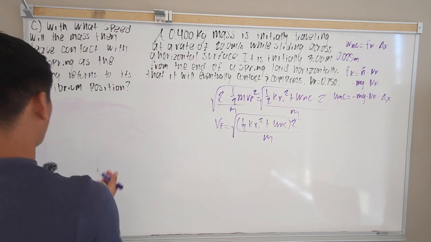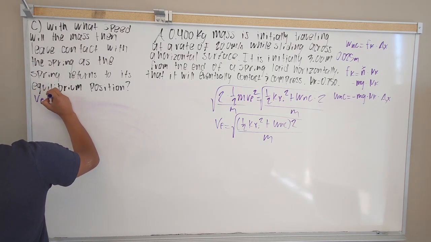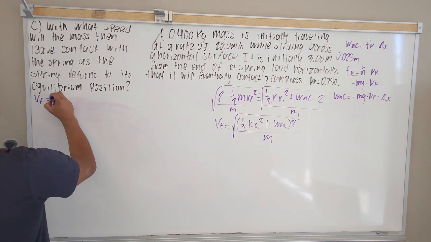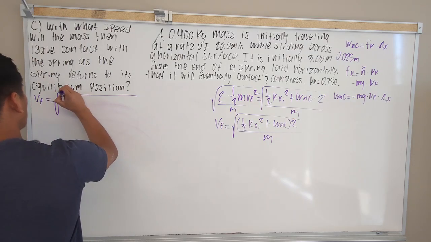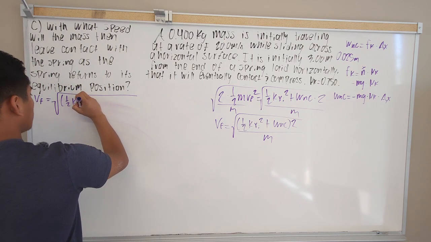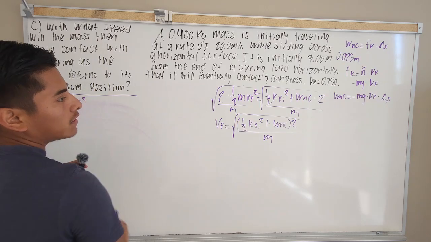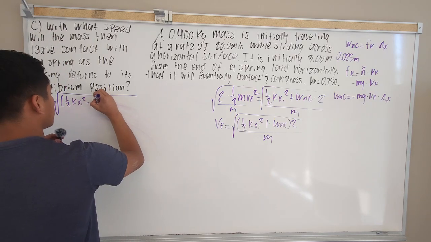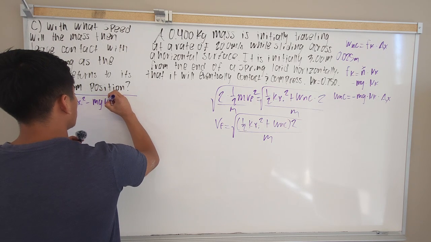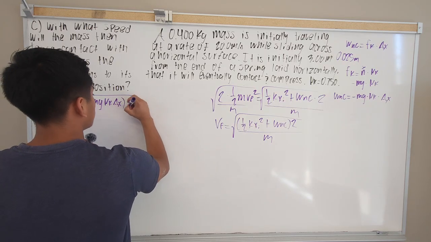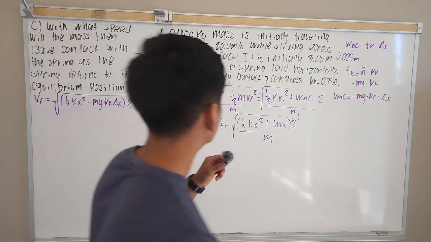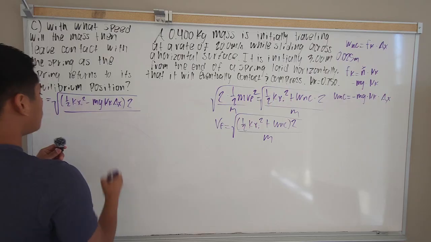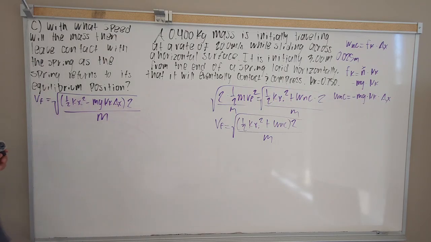Okay, so now we have that the final velocity is equal to the square root of 1/2 k x initial squared, and then we plug in what we got for the work done by the non-conservative forces, so that's minus mg mu k delta x, all multiplied by 2, and then all divided by m, and then we take the square root of that whole thing.